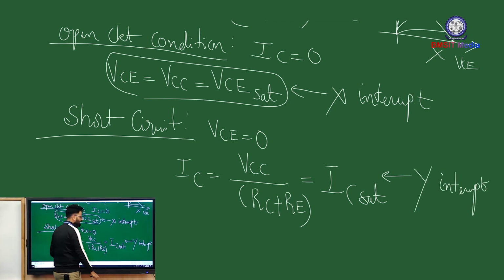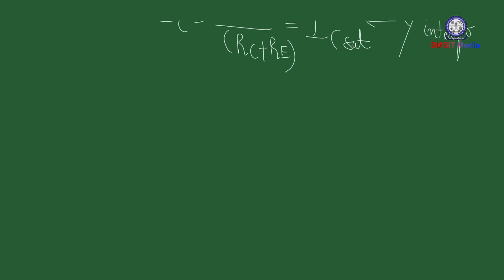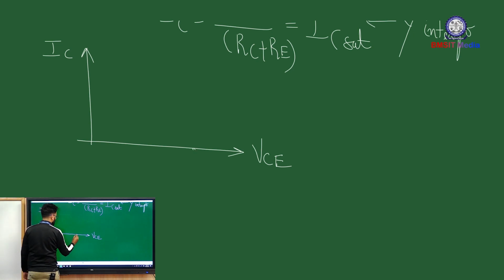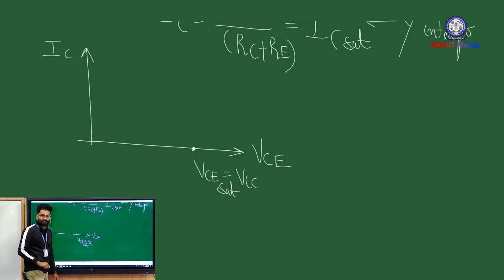So you have found the x-intercept value and y-intercept value, and now you can complete the load line. X-axis VCE, y-axis IC. What is the value of x-intercept? VCE saturation, which is power supply voltage VCC. Then you have also found the y-intercept, and what did you get?